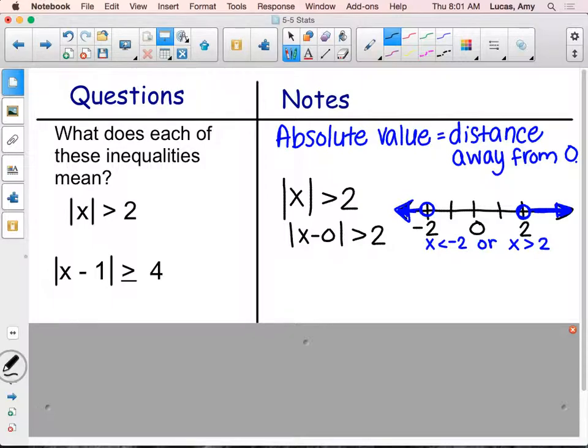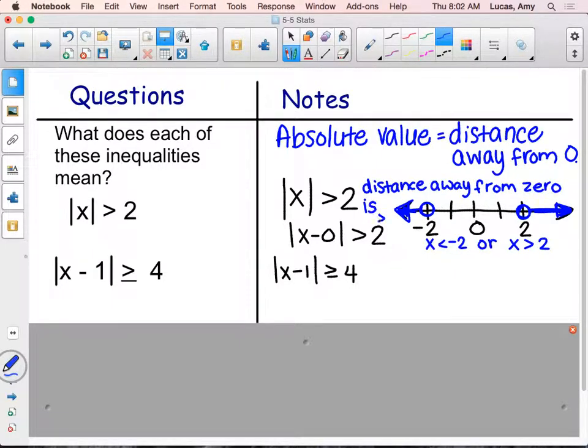Okay, my next one has absolute value of x minus 1 is greater than or equal to 4. So the first one was the distance away from 0 is greater than 2.